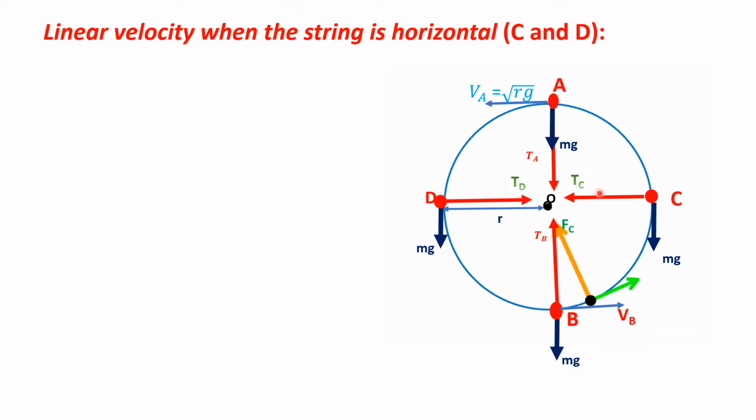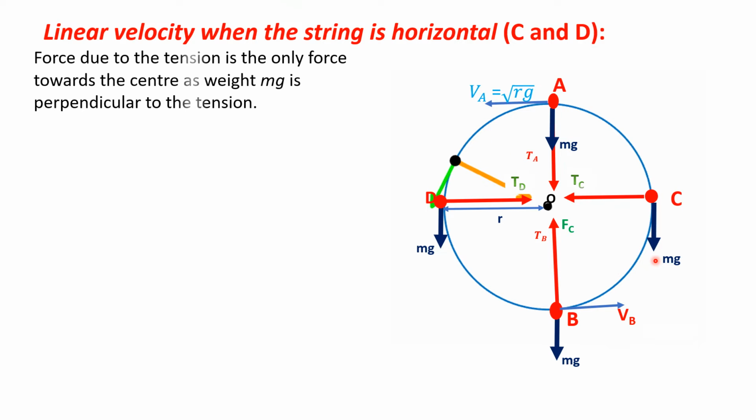At this midpoint also, two vectors are acting. One is the tension along the string, which is directed towards the center, and the other is the weight mg, which is acting downward. We can see that the tension force is perpendicular to the vector mg.